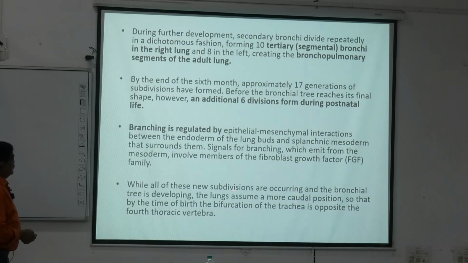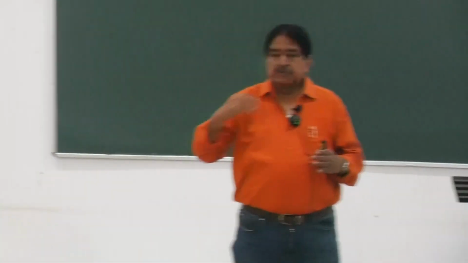While all of these new subdivisions are occurring and the bronchial tree is developing, the lungs assume a more caudal position, so that by the time of birth, the bifurcation of the trachea is opposite the thoracic vertebra. It is initially at the mid-level of the foregut.